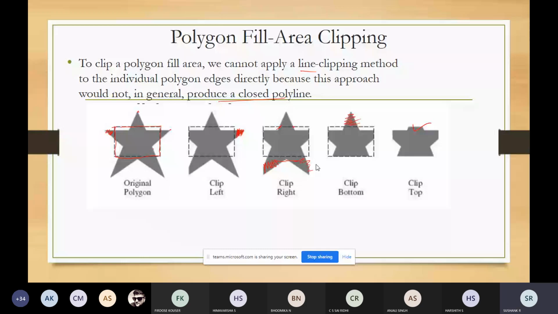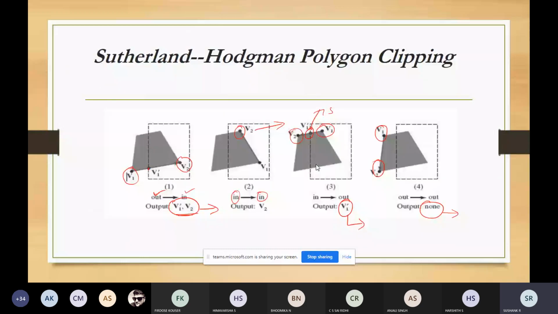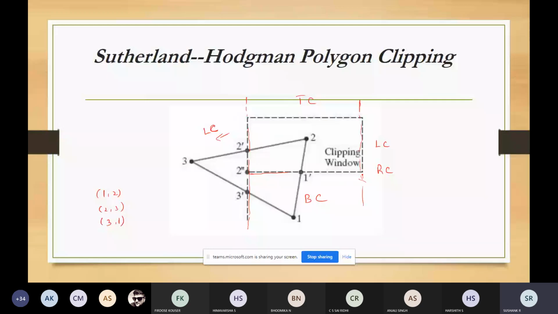So for my program, this is my left clipper, this is my right clipper, and this is my top clipper and bottom clipper. I'll just erase this so people will understand it better. Now I've told you about the clipper.